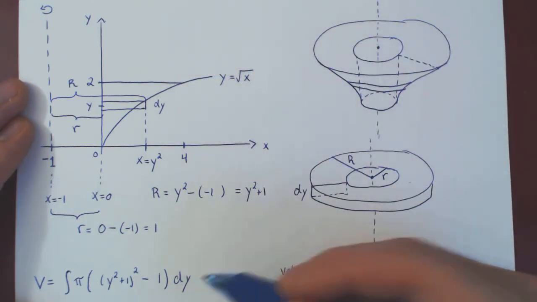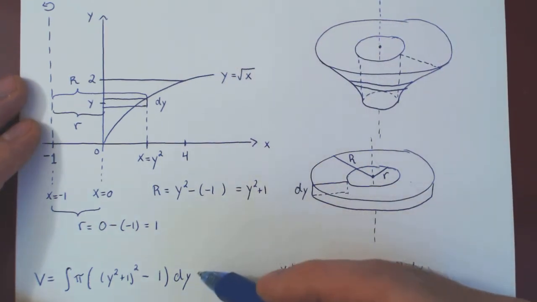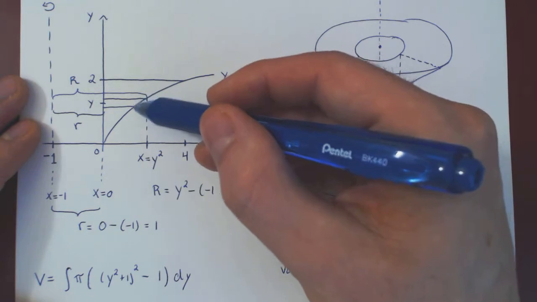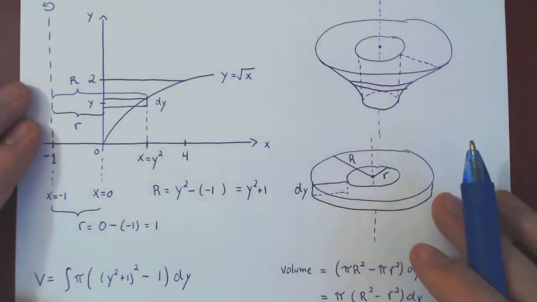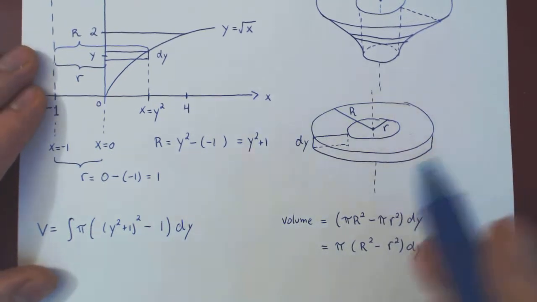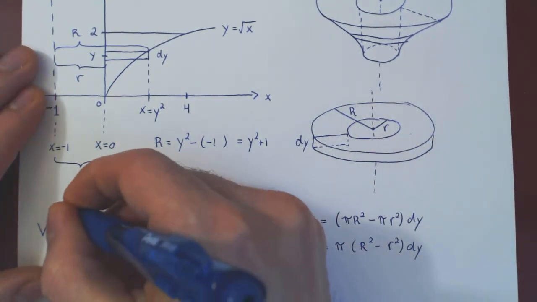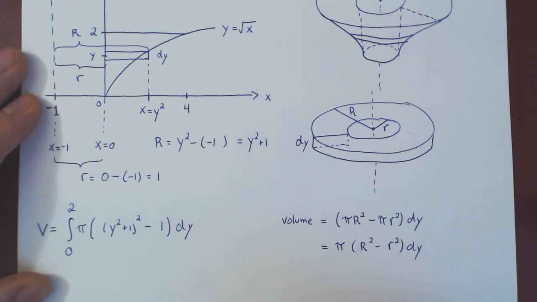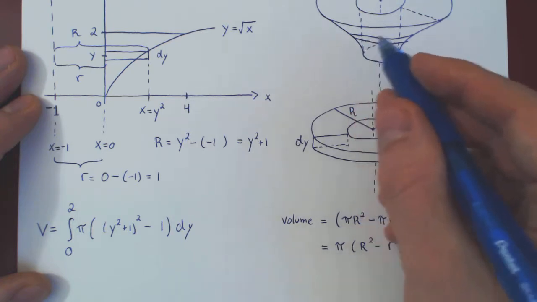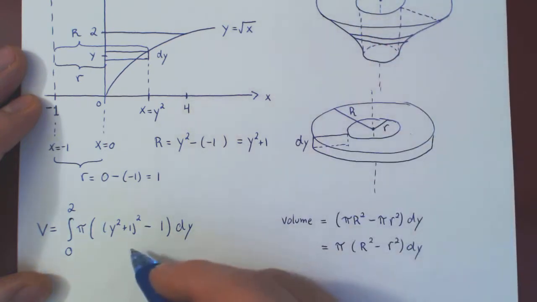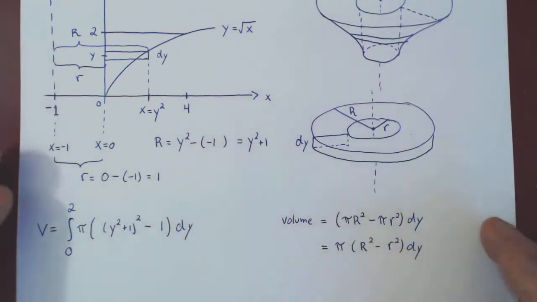Again, this is dy, so we have to look at the end and starting point of the rectangles along the y-axis, and the rectangles begin at 0, and they go all the way up to y equals 2, so we have to integrate from 0 to 2. So there you go. Now we're summing all the little infinitesimal washers that make up the full solid, and of course this will give us the total volume.